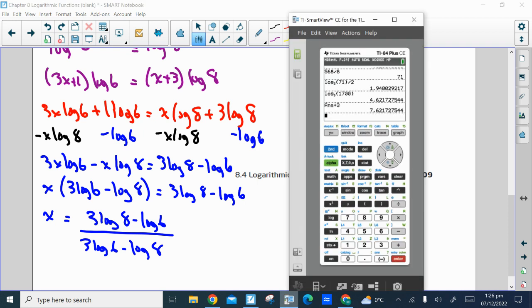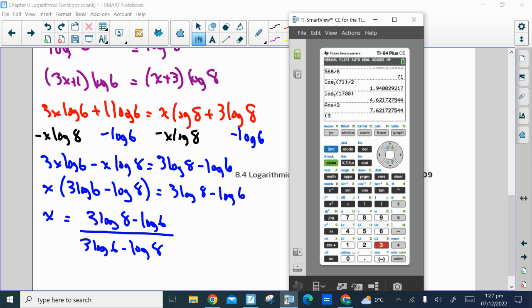So we can do that on our calculator to find out what x is as a decimal. These are all common logs, no base indicated, because we took the common log of both sides as one of our initial steps. So I'm going to use brackets to keep the numerator and denominator together.